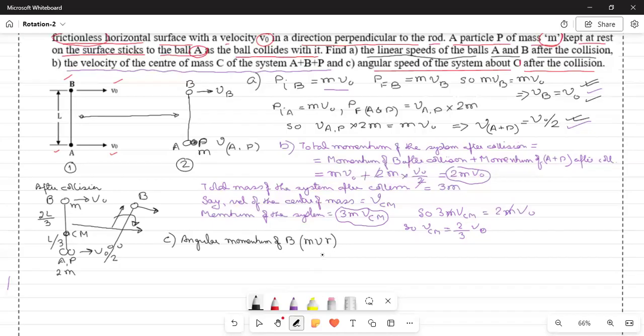Mass of B is m, velocity of B is v0, and distance from the axis of rotation is 2L by 3. Right? So it is 2m v0 L by 3.